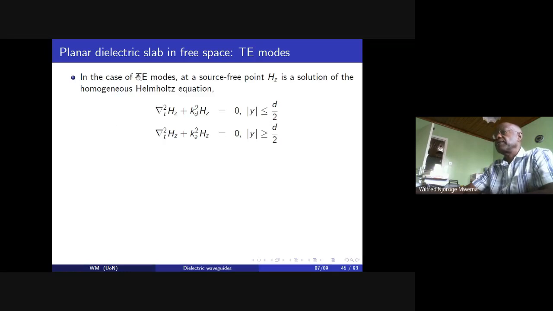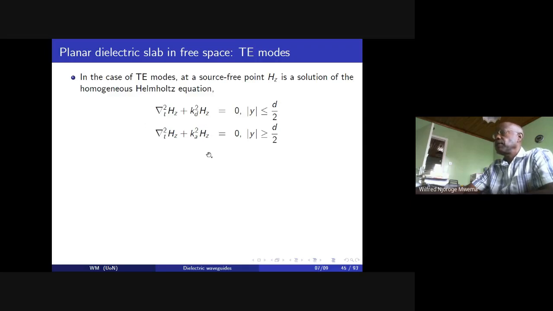And in the case of TE modes, at a source-free point, Hz is a solution of the homogeneous Helmholtz equations that are given by that equation.